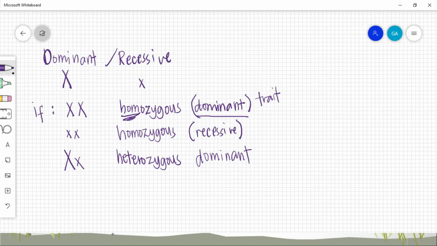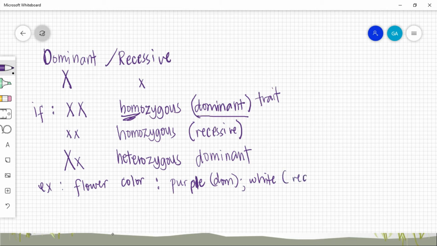So for example, if we're talking about flower color, purple is dominant, and white is recessive.